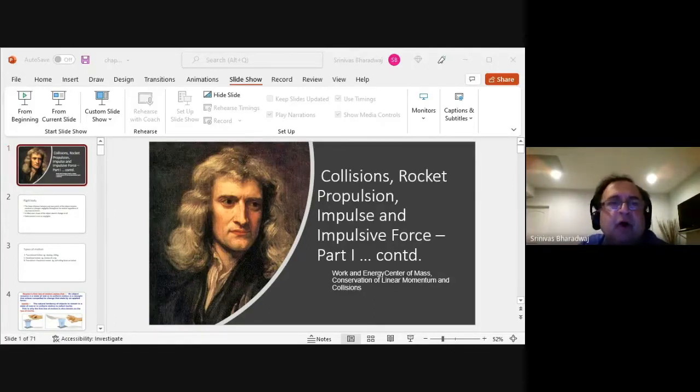The first ball comes to rest after collision, and the other breaks into two parts. One of the pieces goes along the y-axis, this piece, with speed v1. What is the velocity of the other one, right?